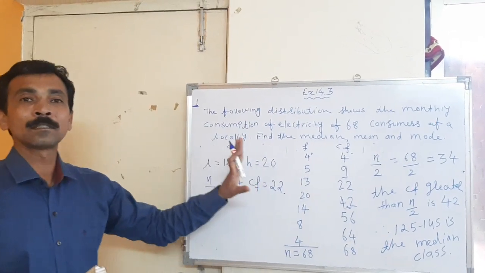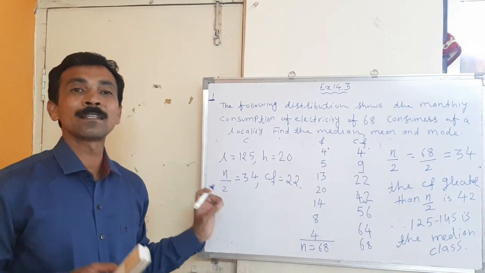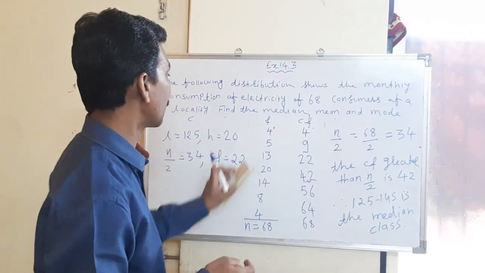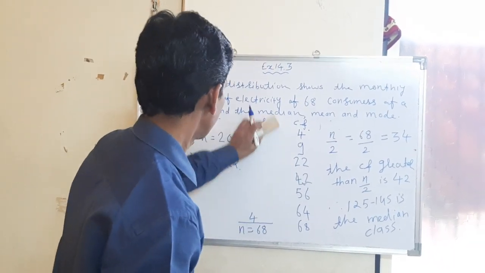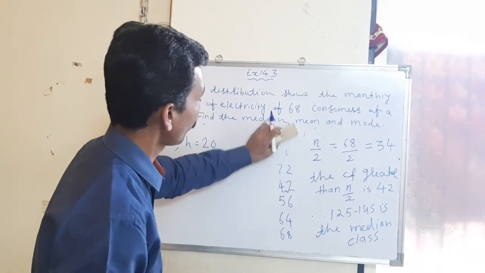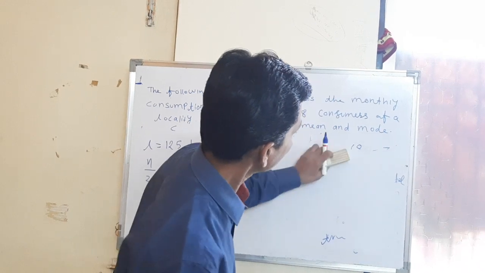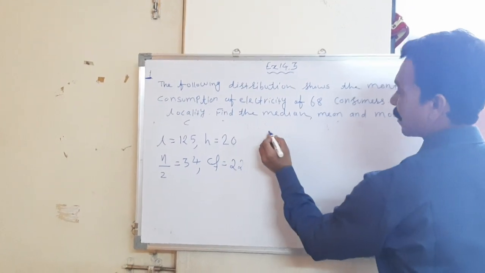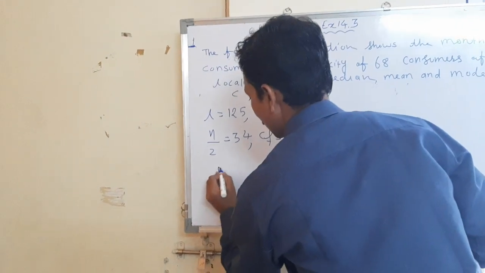Now all the details we have gathered, we have to write the formula and do the calculations. I'll rub this part, I'll write the formula here. Okay, now formula for median.